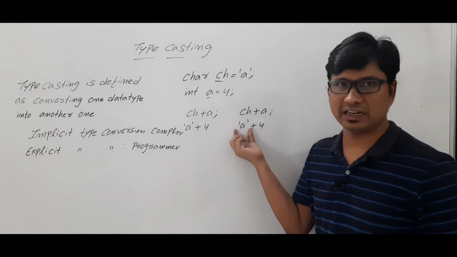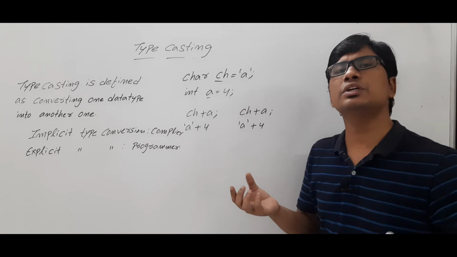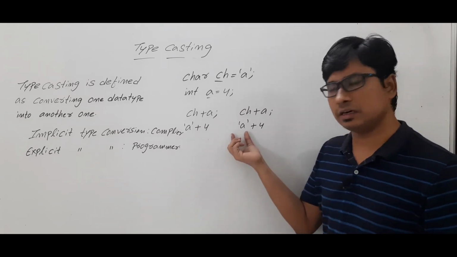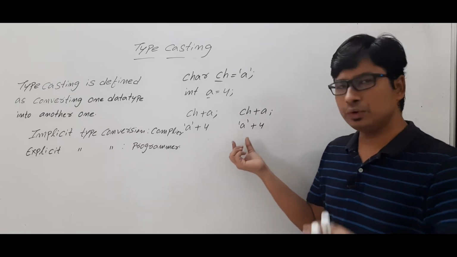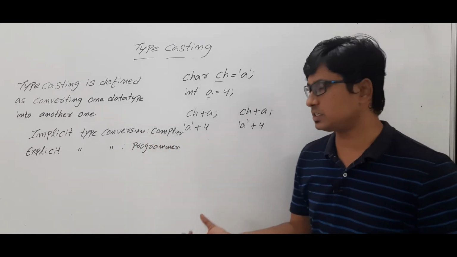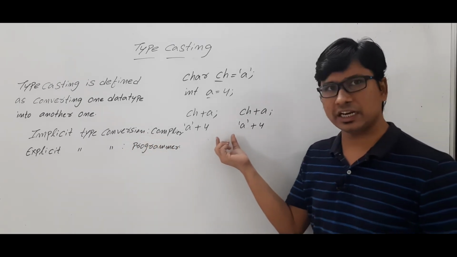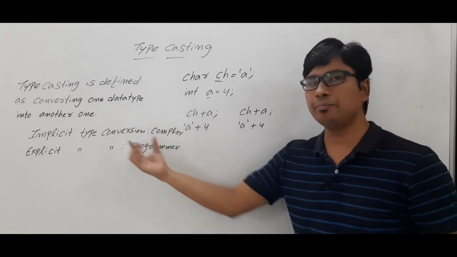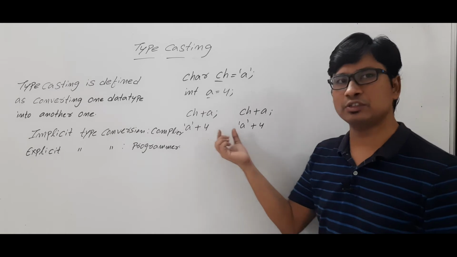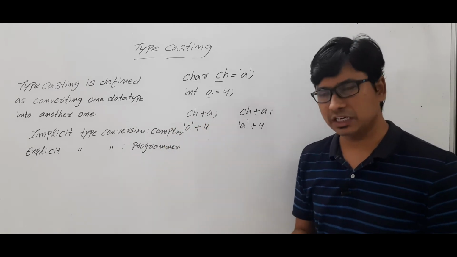Now you have a character a. How can you convert it into an integer? You may say, sir, here it is a character variable and this is an integer variable. But in an implicit type conversion, we are not explicitly writing anything, we have just performed an arithmetic operation, and the compiler will perform the type conversion. That's why it is called implicit type conversion.